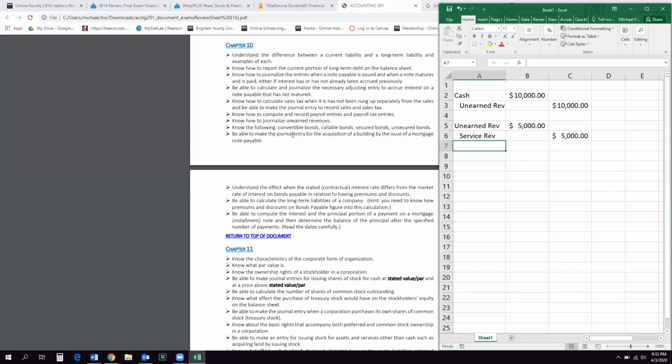All right, be able to make the journal entry for the acquisition of a building by the issue of a mortgage note payable. Okay, so again, these will come in one of a couple flavors. One is that they pay for the whole building, so our asset building will go up and mortgage payable will go up, like that.